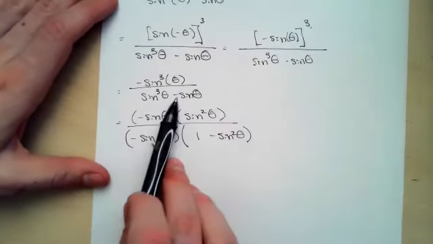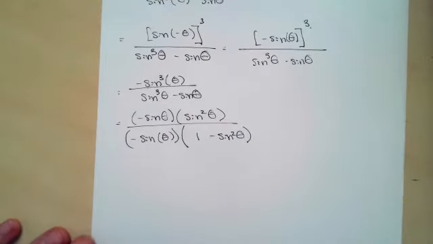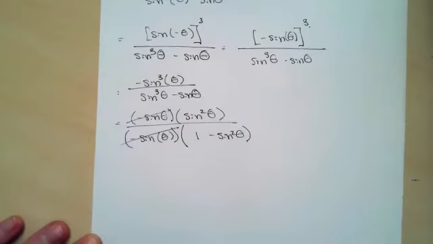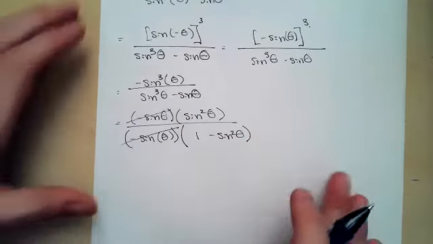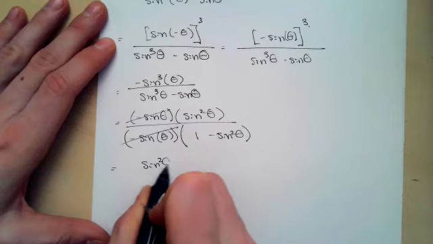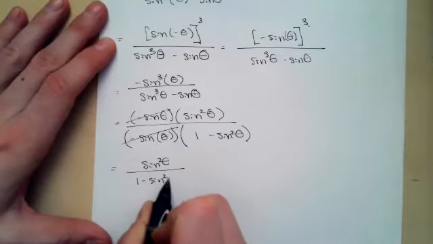So always remember, when you're factoring out a minus sign from a difference, it just flips the terms. And we can divide those two. And what are we left with? We're left with sine squared theta over 1 minus sine squared theta.